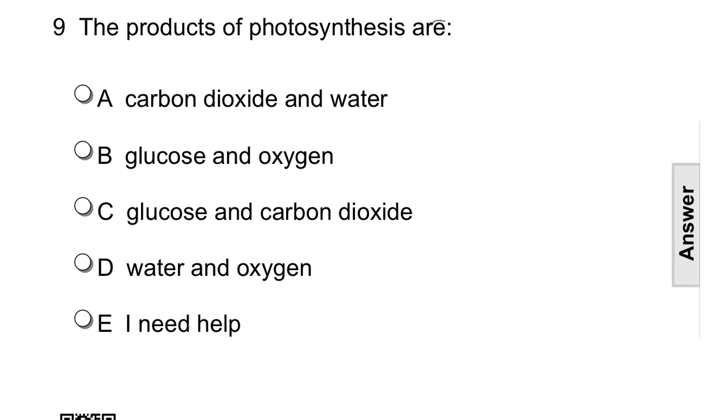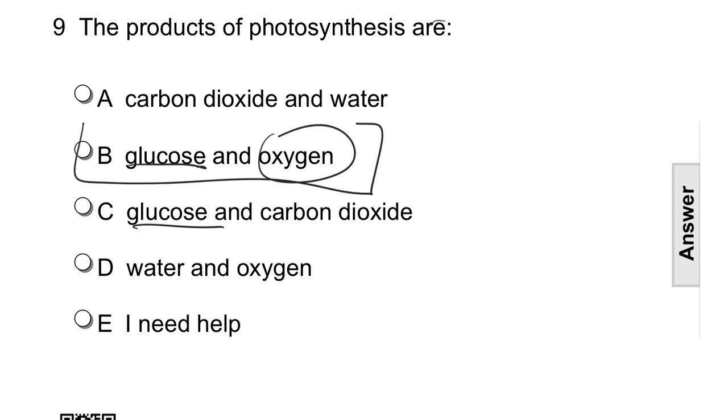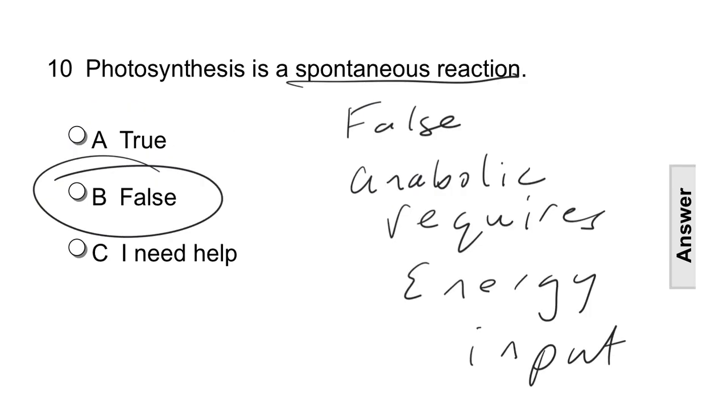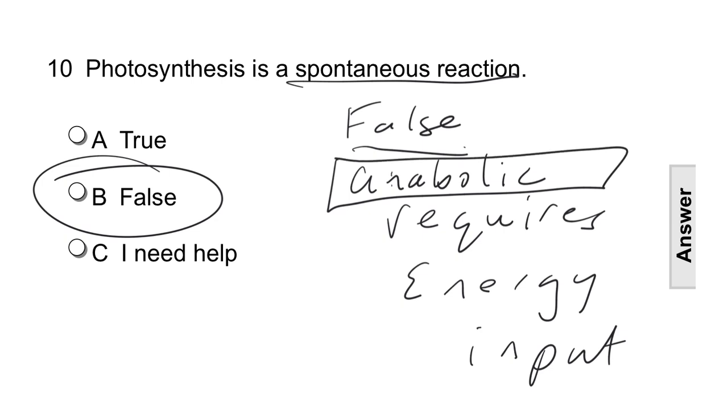The products of photosynthesis are glucose and oxygen. Carbon dioxide is a reactant. Okay, sorry. Photosynthesis is a spontaneous reaction. No. Photosynthesis builds a molecule, it builds glucose. So it's an anabolic reaction.